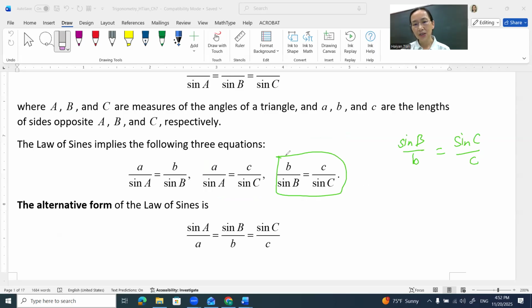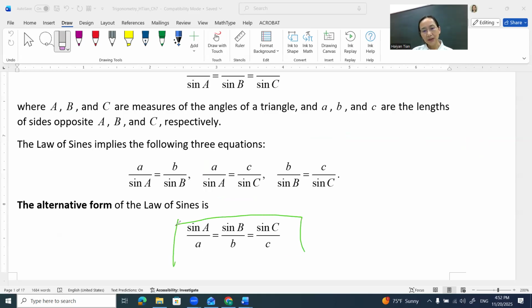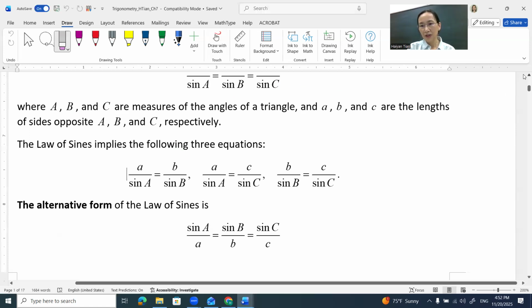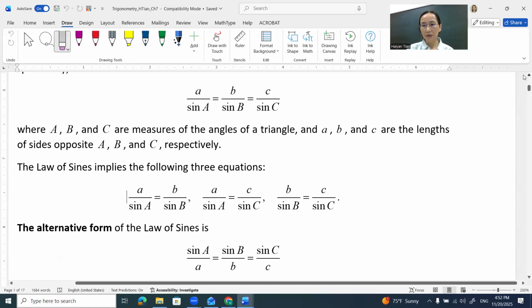Just because if two numbers are equal, then their reciprocals are equal. So we have the alternative version of the law of sines. Compare the version we saw earlier; the alternative version is just a flipped version.